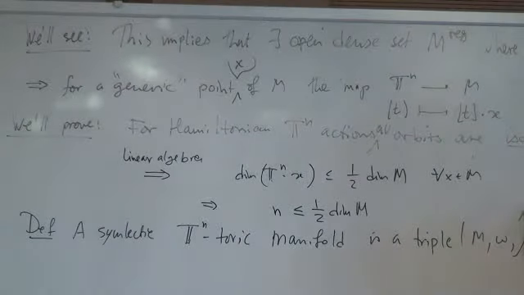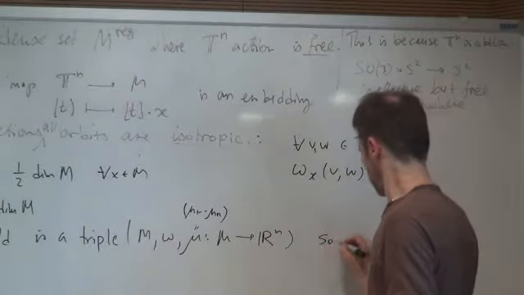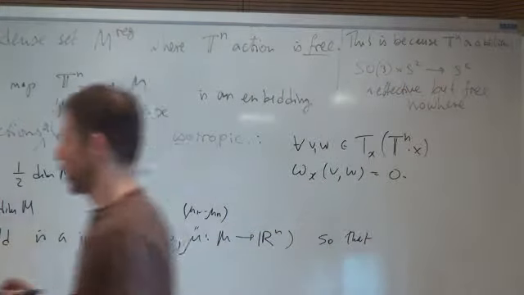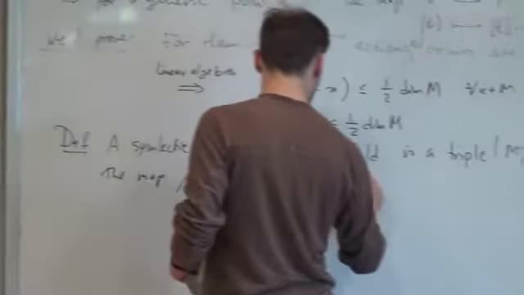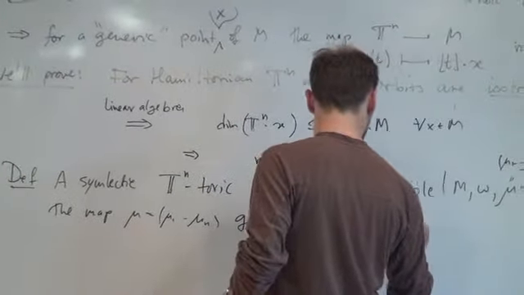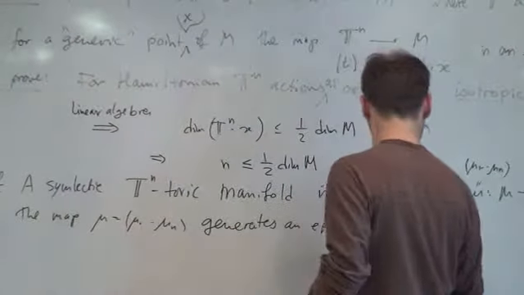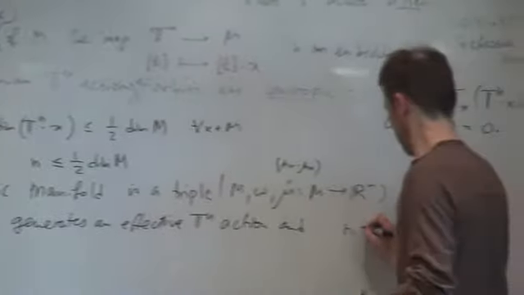So this is actually an n-tuple, right? It's a bunch of functions, so that the map mu1 through mun generates an effective Tn action, and here's the condition: n is half the dimension.